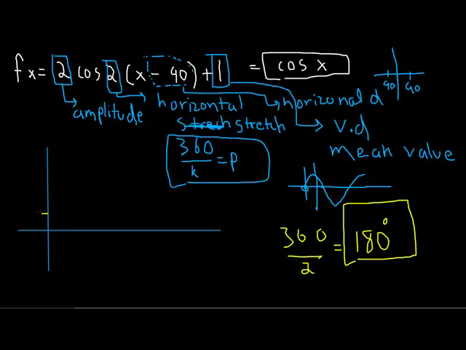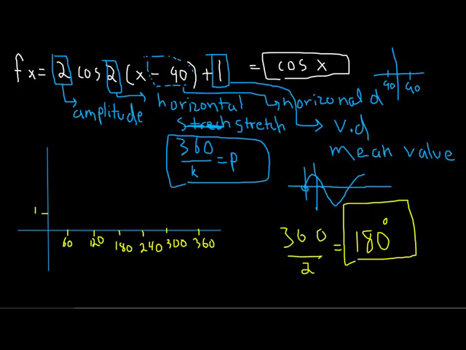Let's say this is our 1, and this is 60, this is our 120, and then this is our 180, 240, 300, 360, or 2 pi.